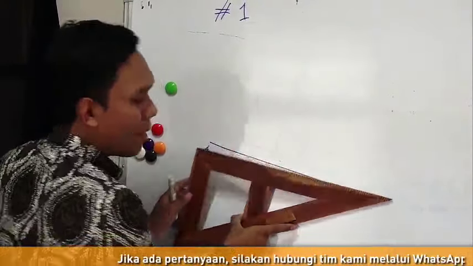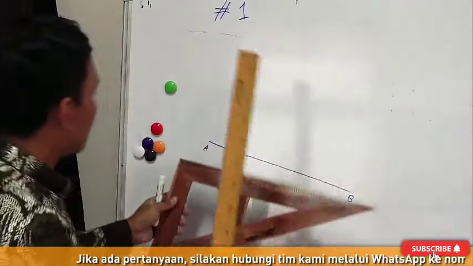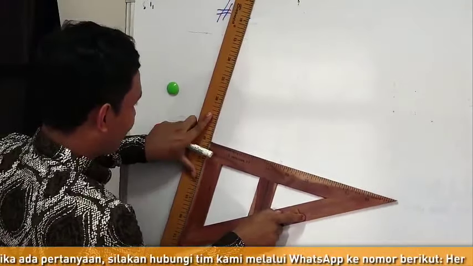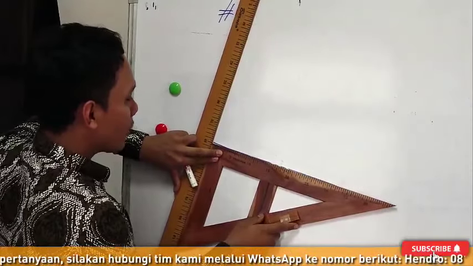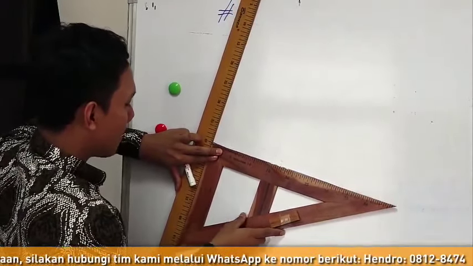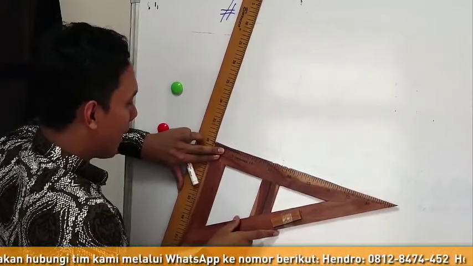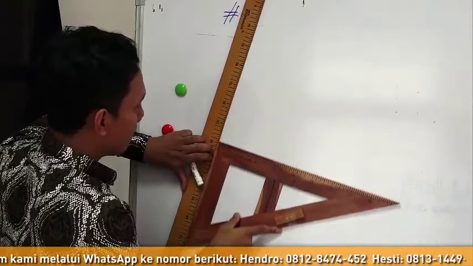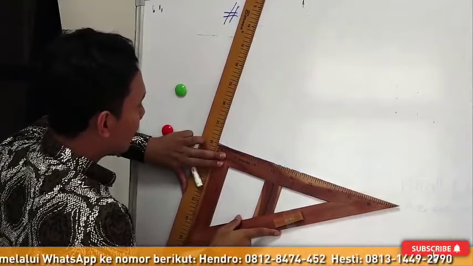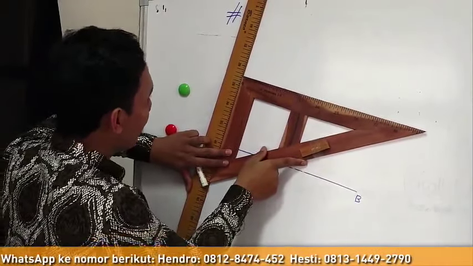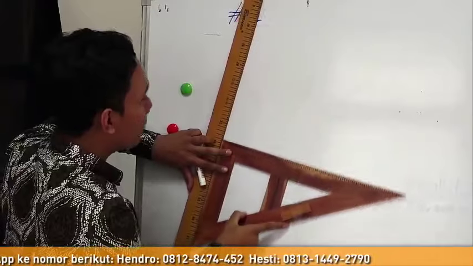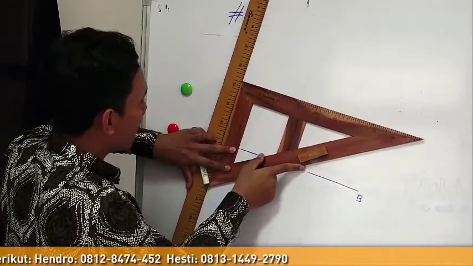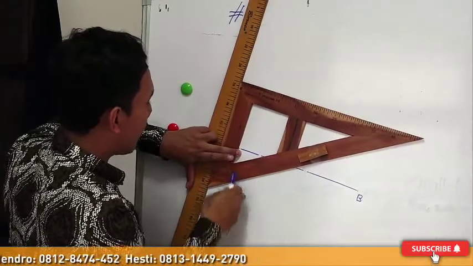At the same time, take the ruler and put it near the shorter edge of the set square, like this. And then you can slide the set square along the ruler, and finally you can make the line parallel to line AB. Let me try.